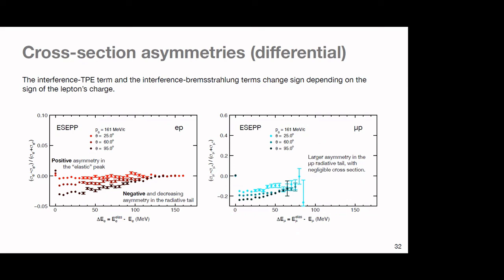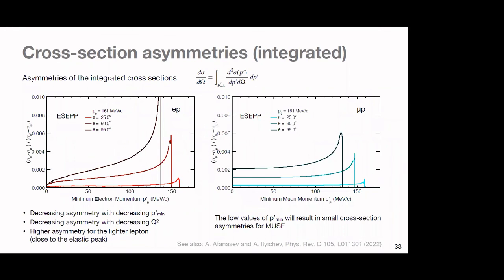What we do measure in the experiment is the integral of that. And then maybe the next slide shows that more precisely. We do end up with a positive asymmetry for the cross sections, and the asymmetry will depend on our range of integration.